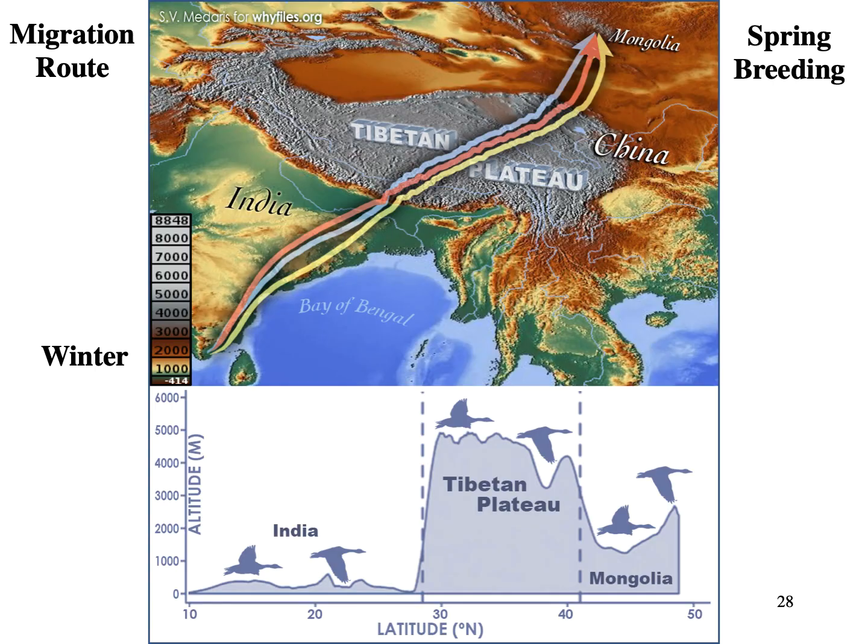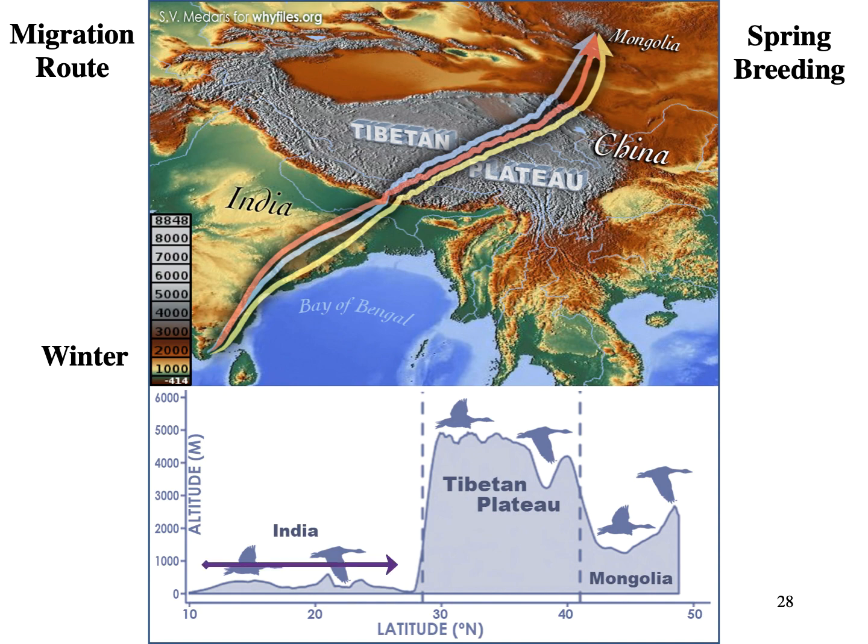This shows their migration route from southern India up over the Himalayan mountains and the Tibetan plateau, and then into Mongolia, where they spend their spring and summer mating, and then fly south again for the winter back into India. Over here you can see the altitudes that they have to reach.